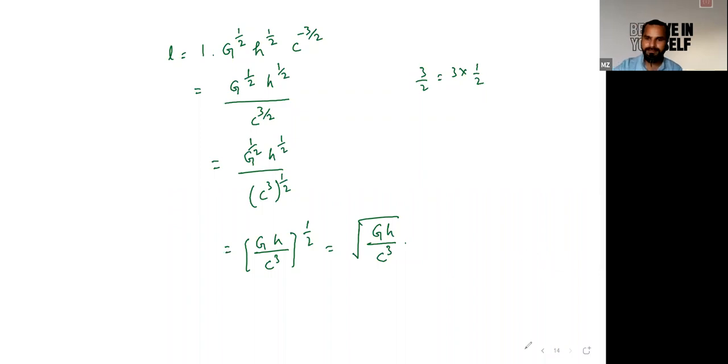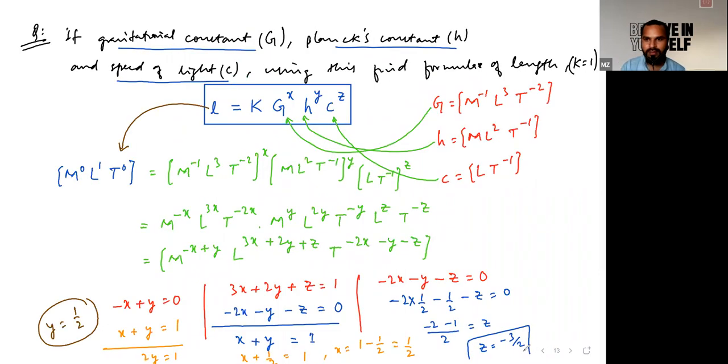Okay, just 1 minute. Have you understood how I solved x, y, and z? Yes, sir. Okay, those who haven't written, just try to write it down.